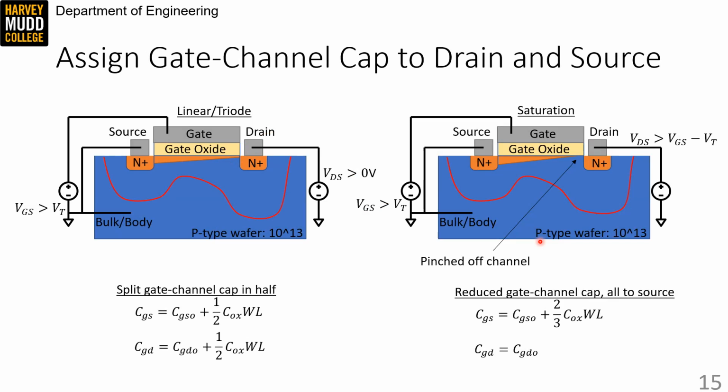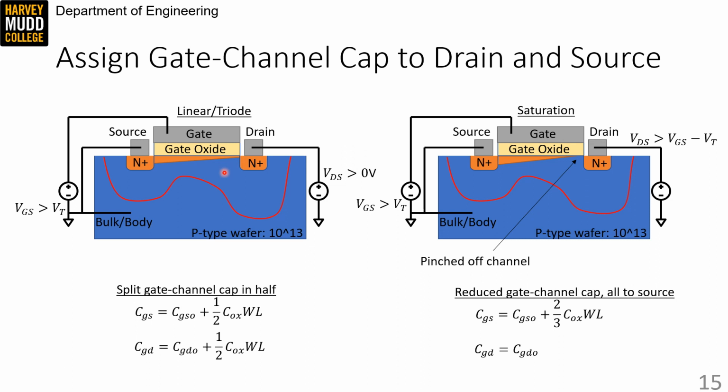Okay, we need to figure out how to model this gate-to-channel capacitance that we have here. And we don't want to add a channel node to our small signal model. So we need to assign this capacitance to our device terminals. We do that in different ways in the linear region and the saturation region. In linear, the channel is low impedance and it connects both the drain and the source.